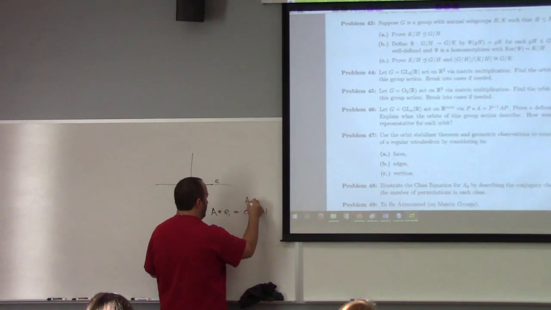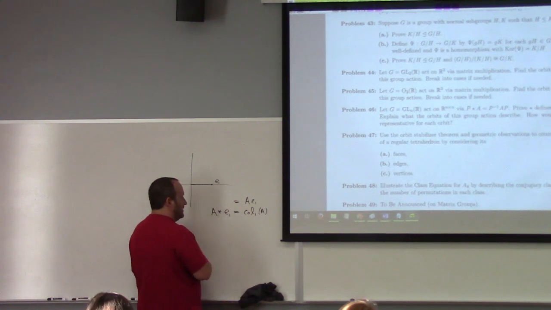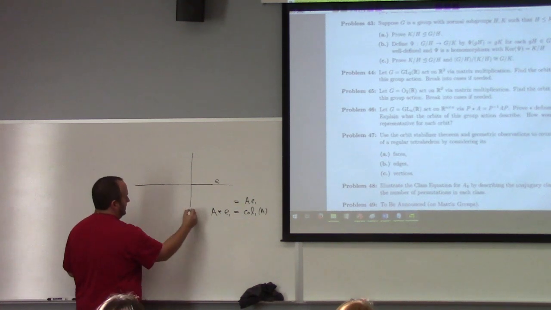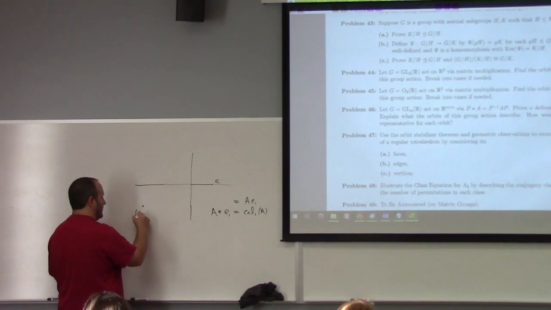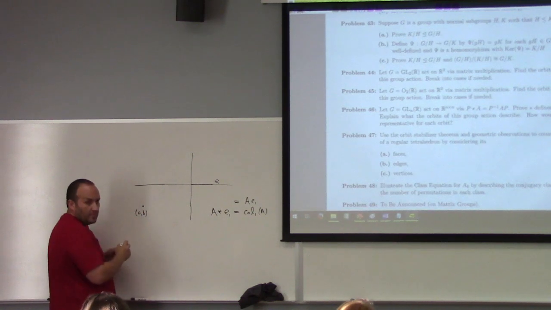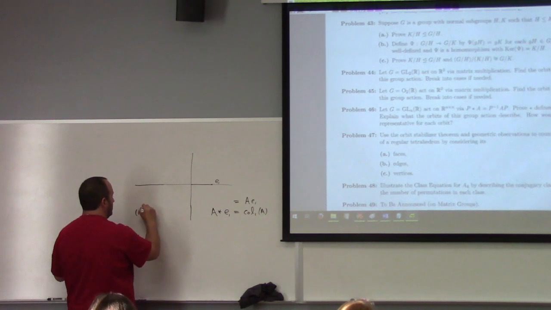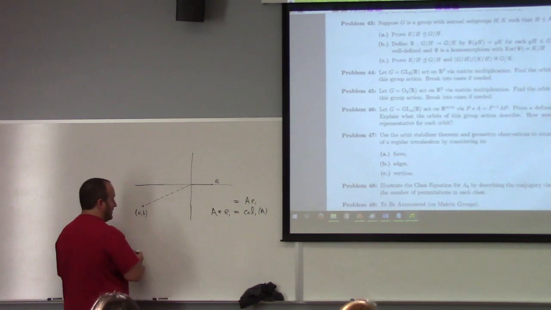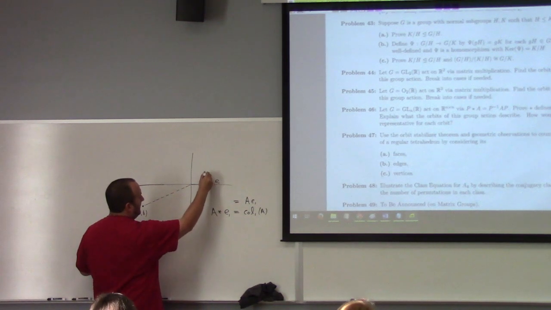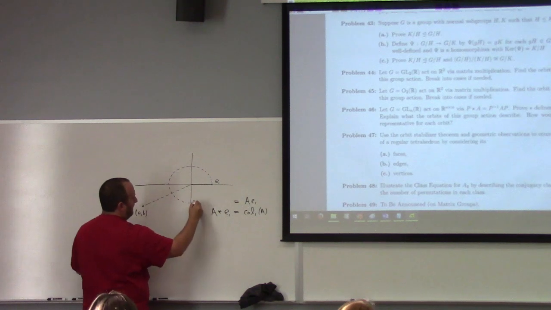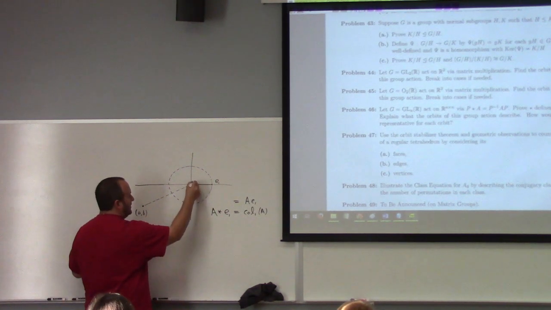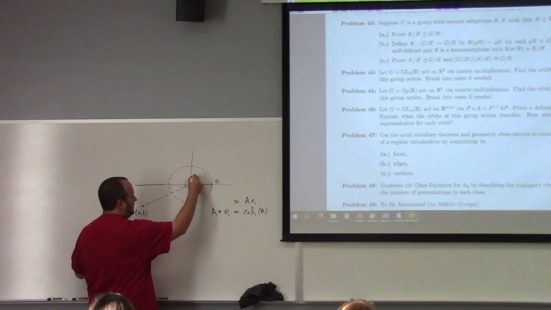But I have a more geometric way of looking at this, and here's how it goes. Suppose we want to orbit over to the point (a, b). Of course, you can look at the unit circle, and you can rotate E1 over to here by a standard angle theta.